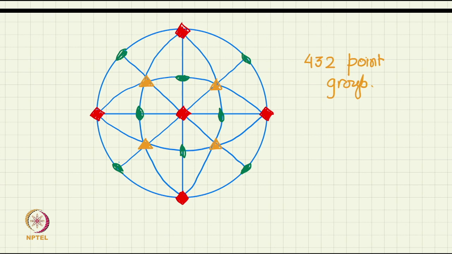So, further development will require inclusion of these mirror planes and inversion centers, so that we get the other 21 point groups, which are not proper point groups, they are improper point groups, because they contain improper axes or axes of type 2. So, thank you very much.